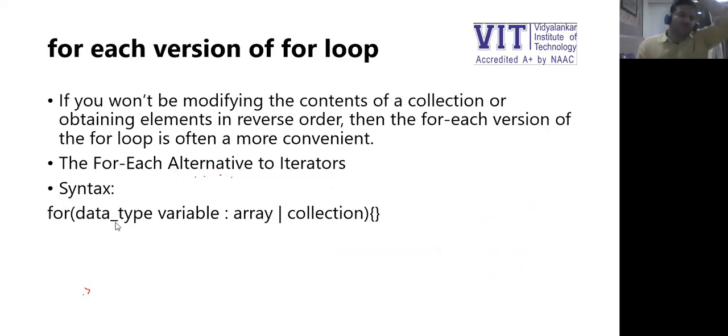For the data type, just say int variable a in array or collection. So actually, for each is basically used with collections, because collections grow and shrink dynamically. Array is static in nature. It does not grow and shrink dynamically, so we have a range from this position to this position. But when it comes to collections, we will talk about collections later.